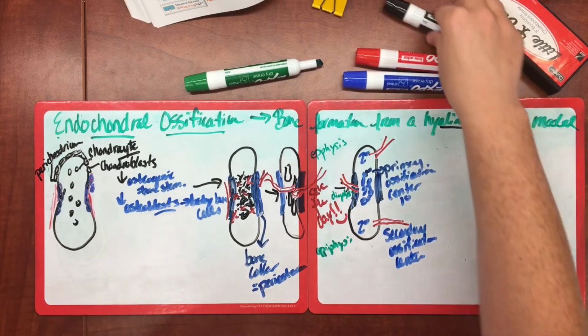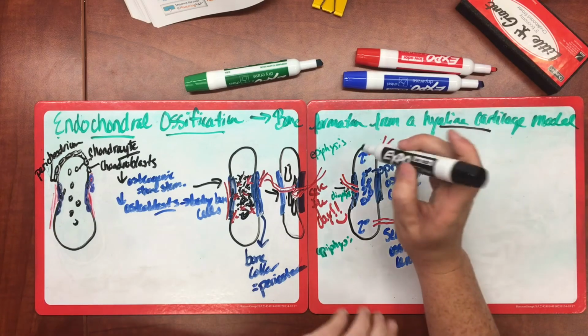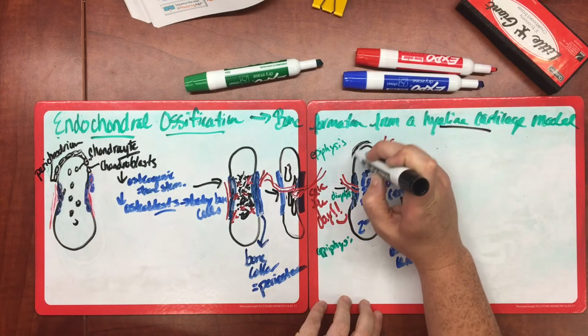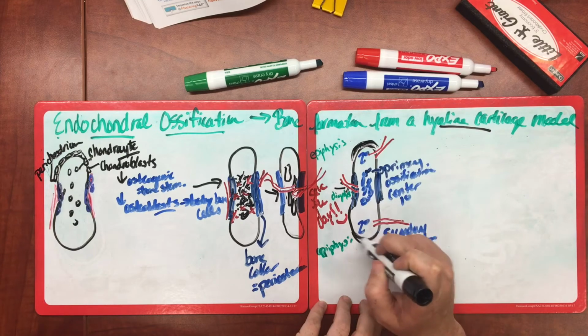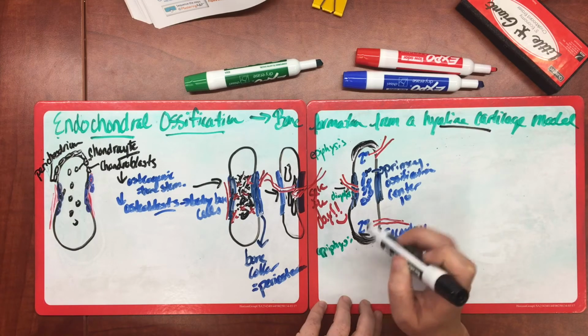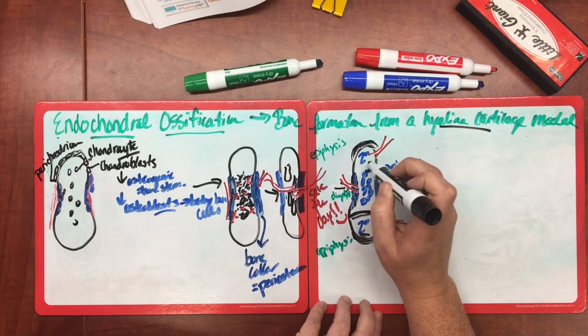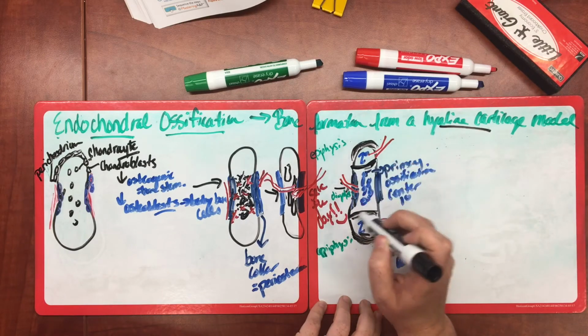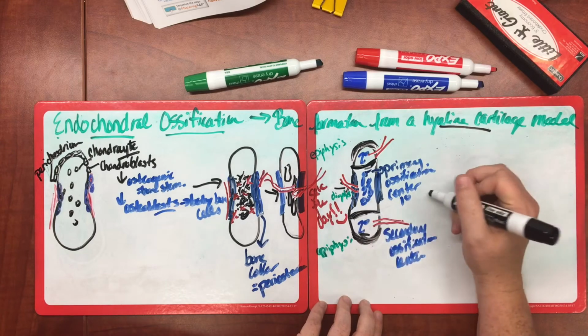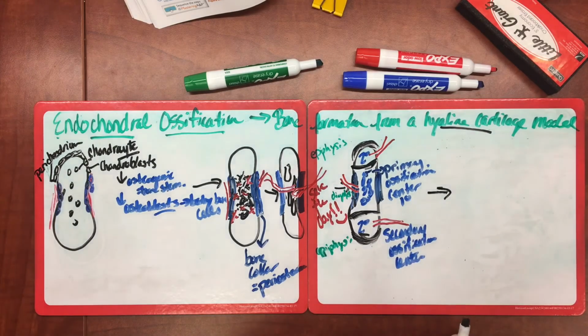Now think about where we still have cartilage left. We still have cartilage left on the tips of the bones, right on the outer edge of the epiphyses. And then we also have it left between these primary and secondary ossification centers. So what happens with them?